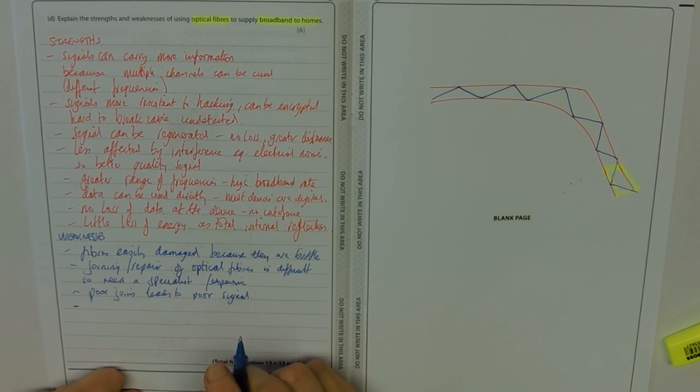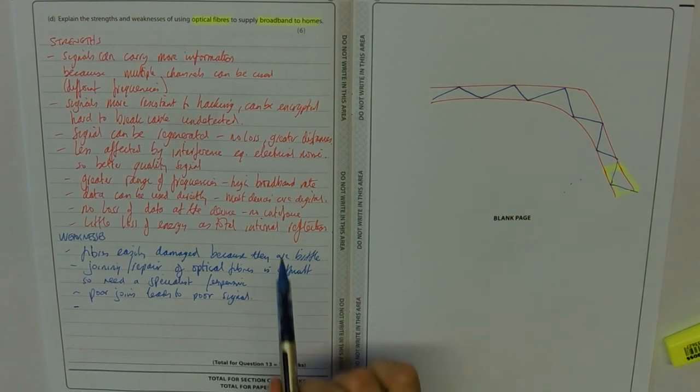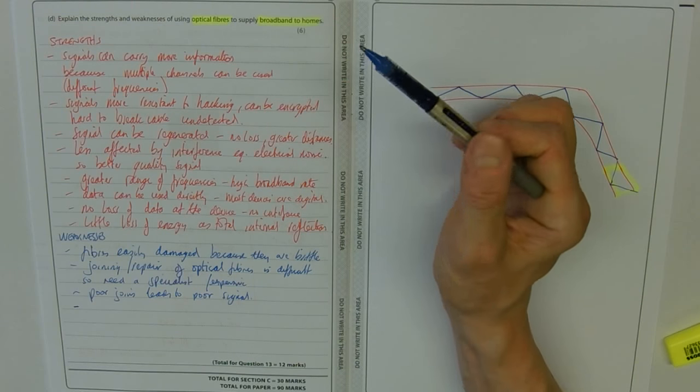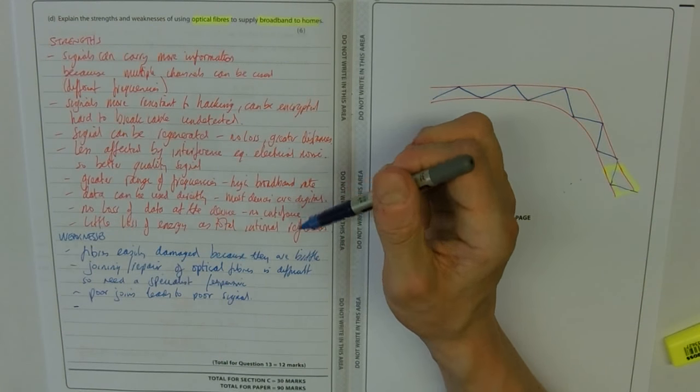There are a couple of other points, but probably leave that there. You need 6 points from those. You can look at the mark scheme, and really you just need to learn advantages and disadvantages for all these different types of radiation used in communication. It's a lot of learning so that you can repeat them.